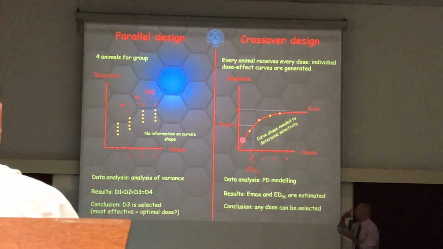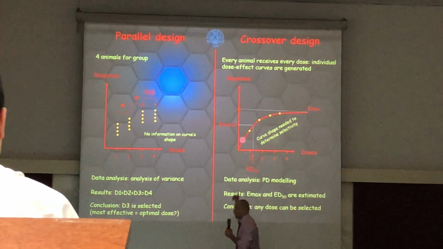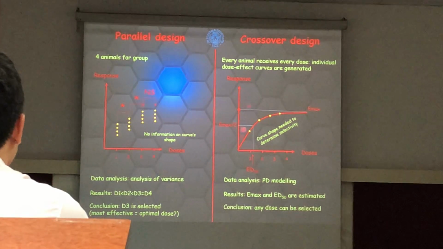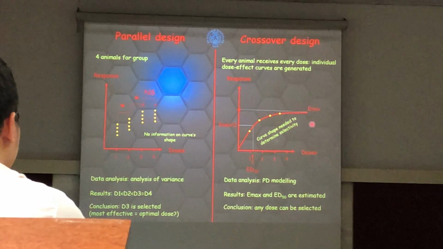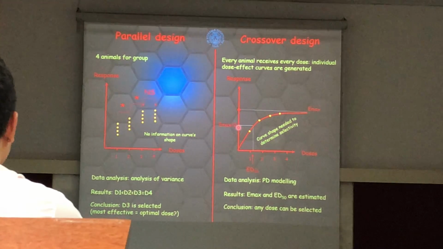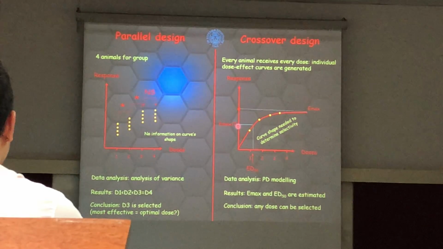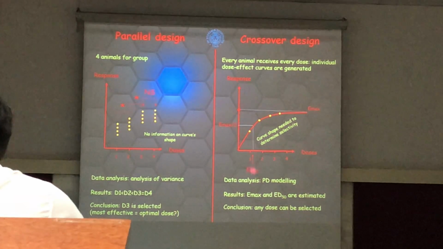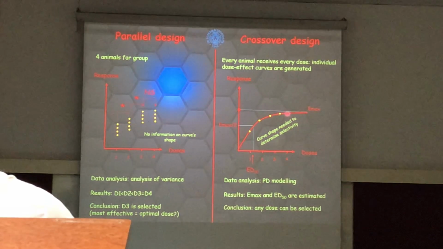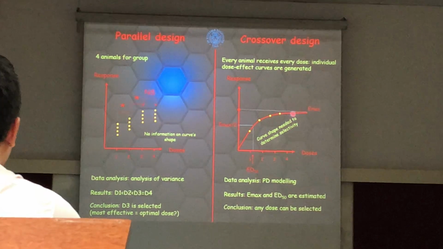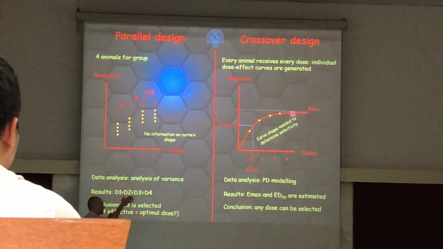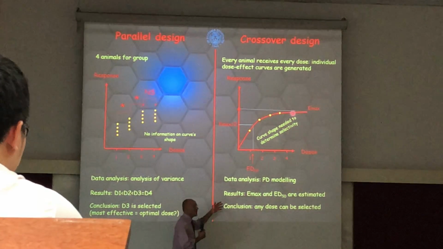And it's much better because with the crossover study, I can design also these curves that describe the Emax, E50 and EB50 here. So it's really important when you do this study, if you approach a crossover study rather than a parallel study.